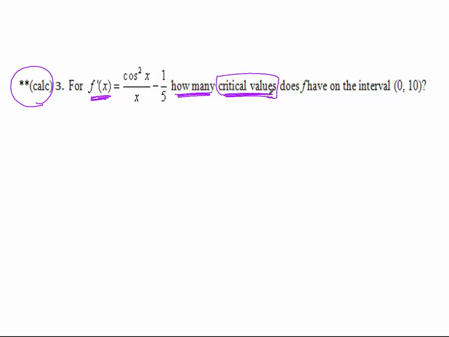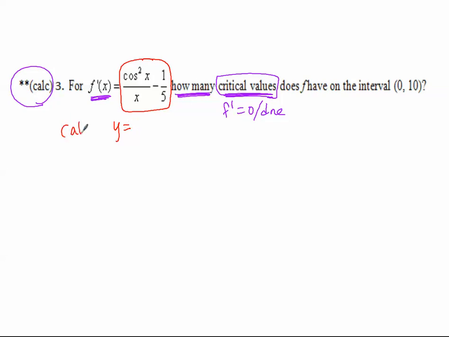So remember what we're supposed to determine. Critical values, critical numbers, is where the derivative equals 0 or doesn't exist. They gave us a derivative. We don't find a derivative. Why is this calculator based? Because we can plug our derivative into the y equals and graph.